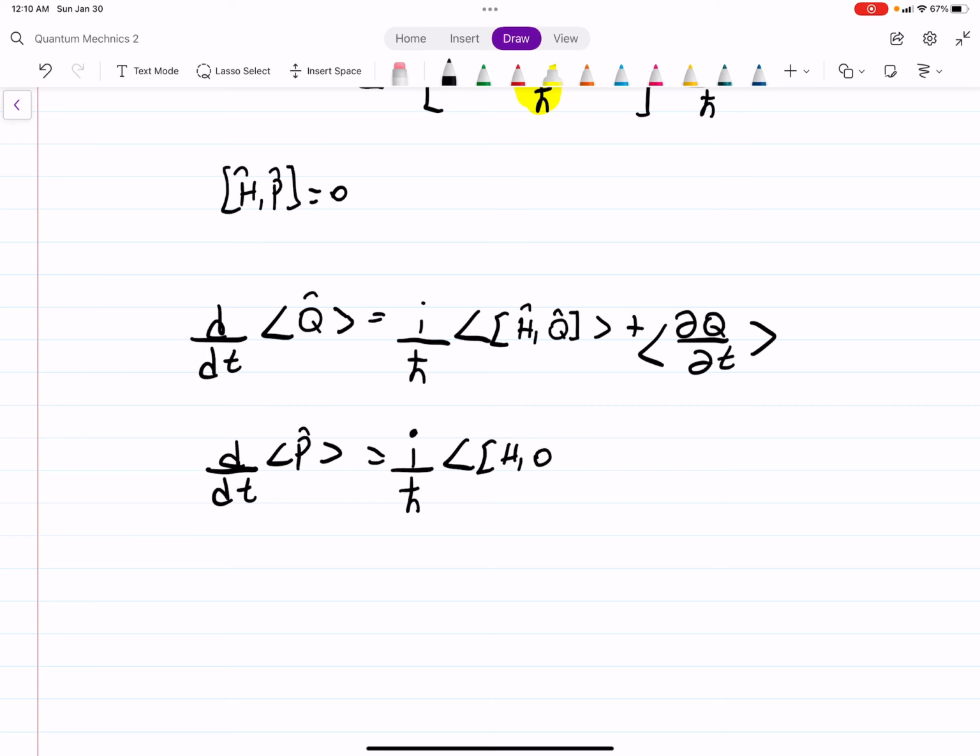I'll try to explain it to the best of my ability. We're replacing Q with P. Well, momentum is not a function of time, so it's safe to say that this is in fact zero. There's no time dependence.